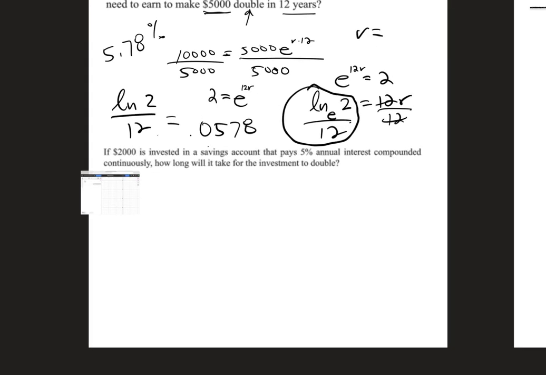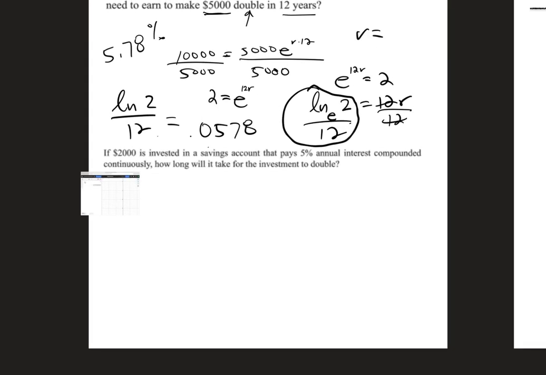Okay, so what if I am looking for an unknown in a different spot? I have $2,000 invested. It pays 5% annual interest compounded continuously, and they want it to double. Doubling is 4 grand. I start off with 2 grand, E, now I have a rate and I'm looking for time.